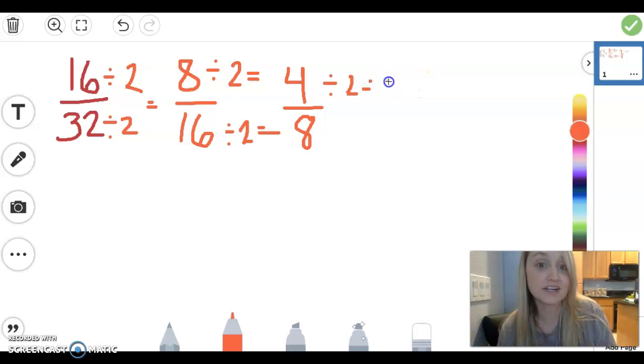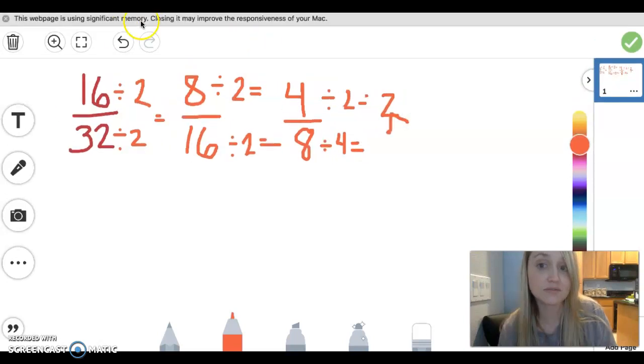So the goal here is you want to get it down into where you have prime numbers for all of them, okay?